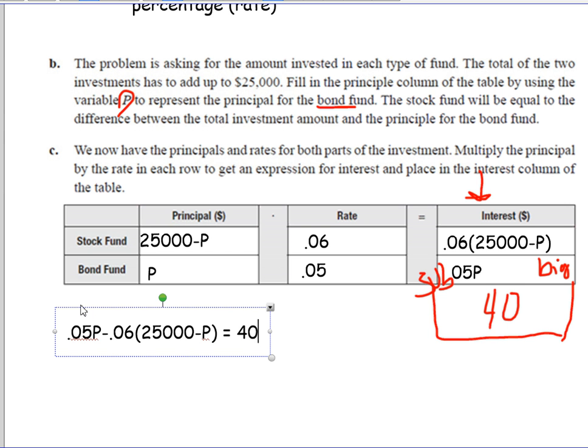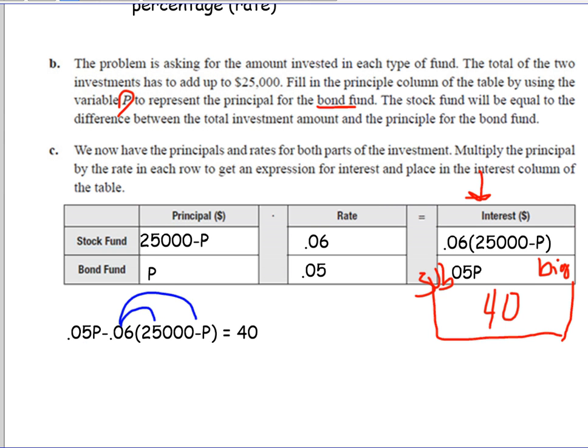Okay. Now that we have an equation, we know how to solve it. So, first thing you do to solve is you get rid of the parentheses by distributing.